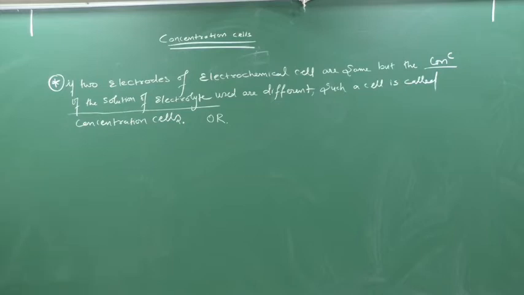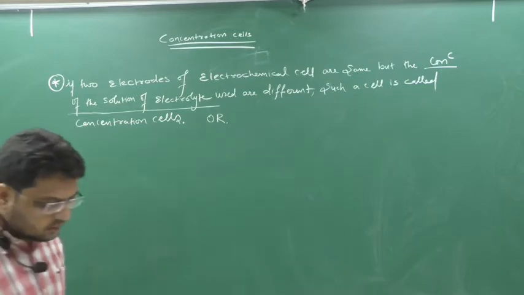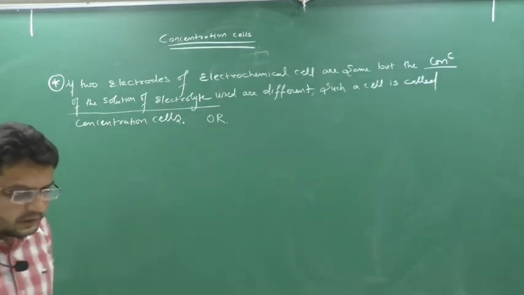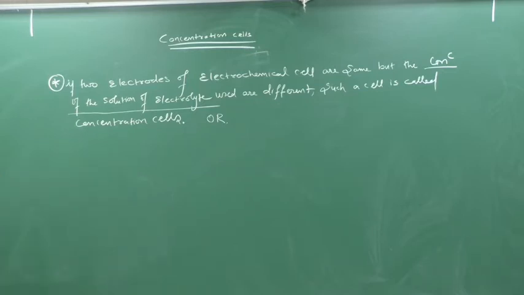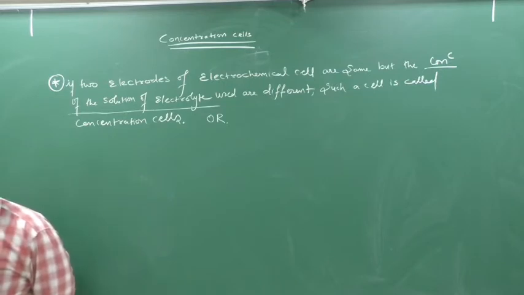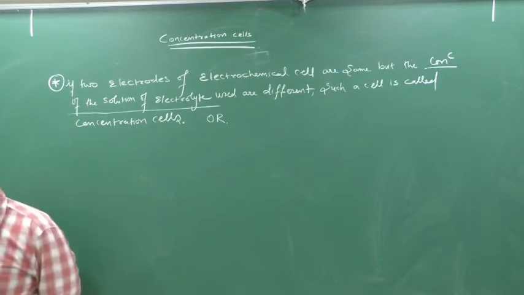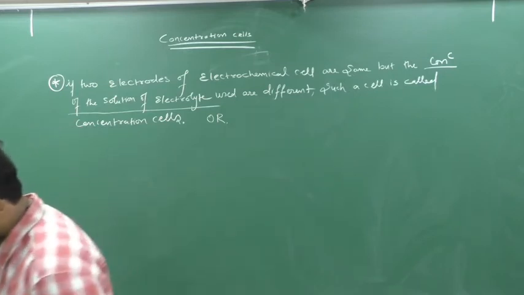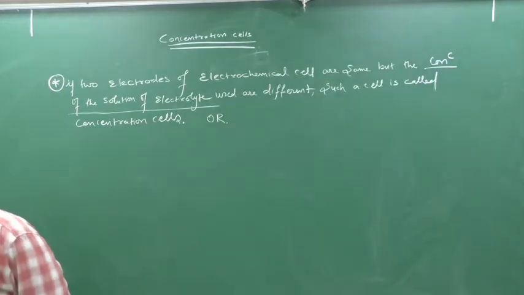Next definition: a cell in which both the electrodes are of the same type, but the solutions of the electrolyte in which they are dipped have different concentrations, is called a concentration cell.